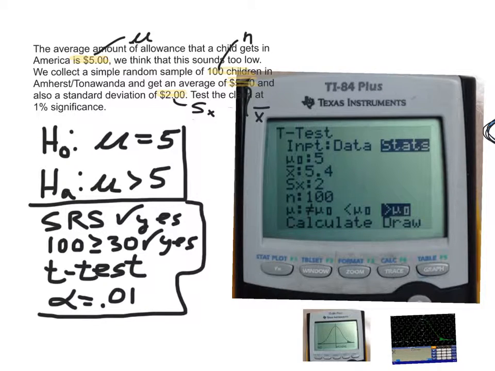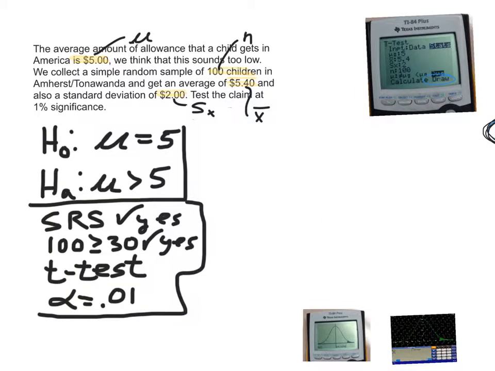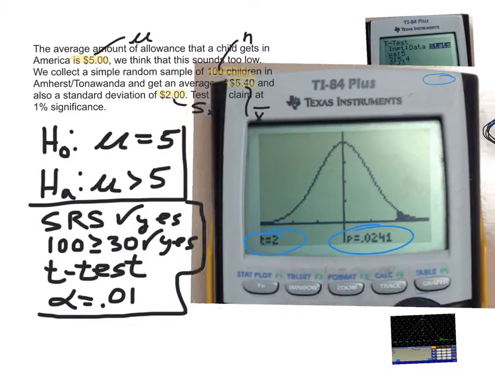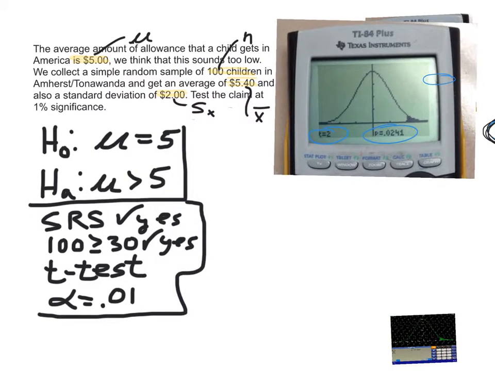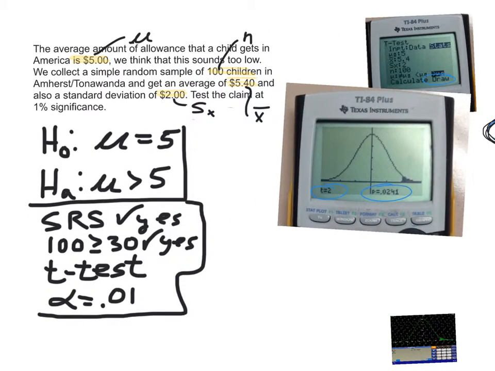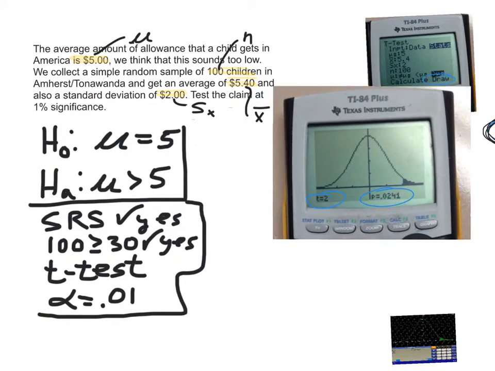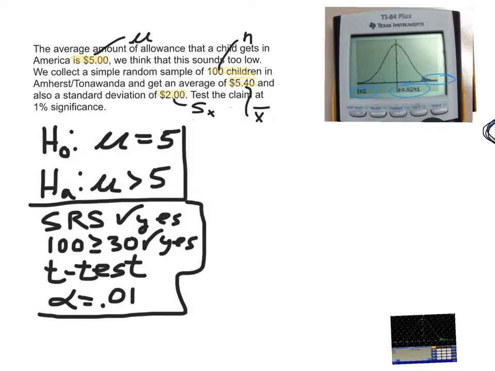You could find t-test and enter in all the data just like I did there, and then select Draw, and you'll end up getting the t-curve drawn for you on the graphing calculator, along with the t-score and the p-value. So as long as you're writing down all 4 steps on the AP exam, or the exam I'm going to give, on the third step you could actually take some major shortcuts and let the calculator do the work for you, or work it out by hand.